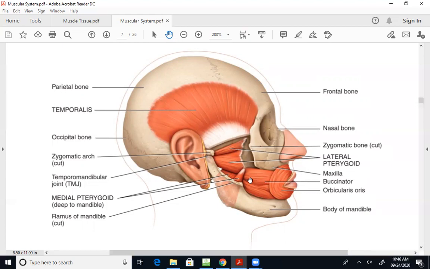Okay, by puckering their lips and sucking. So I want you to highlight the buccinator, and then also the orbicularis oris is nice and visible as well. So there should be, I think, 5 things labeled or highlighted: temporalis, medial pterygoid, lateral pterygoid, buccinator, orbicularis oris.